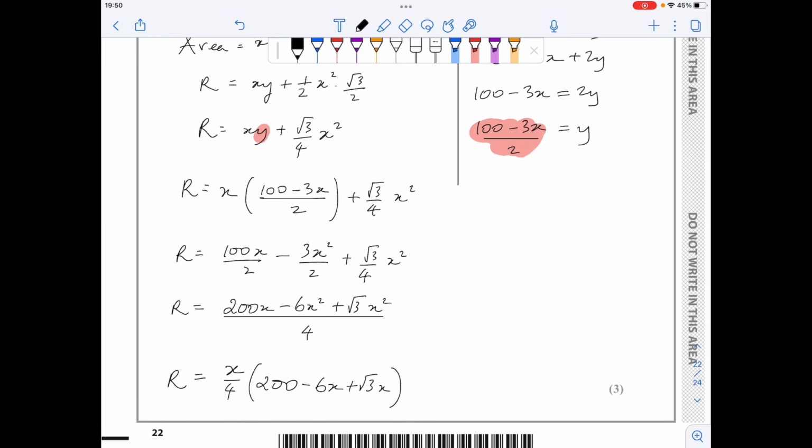And finally, this is equal to x over 4, and then a big bracket, 200 minus, and from the last two terms, I'm going to take out a factor of minus at the front and x after the bracket, which will give me 6 minus square root of 3 x, as required.